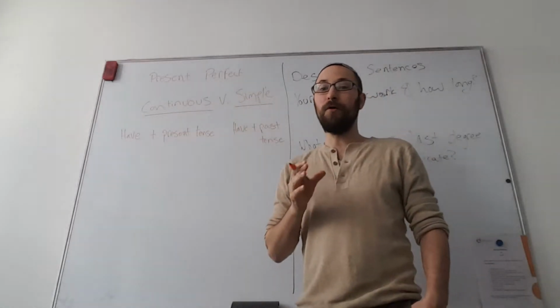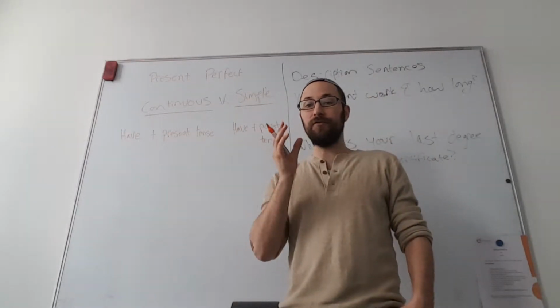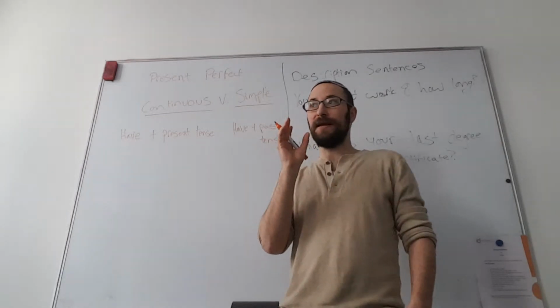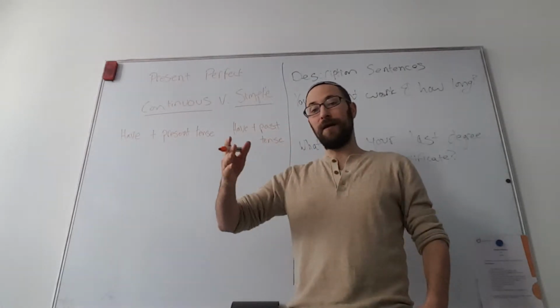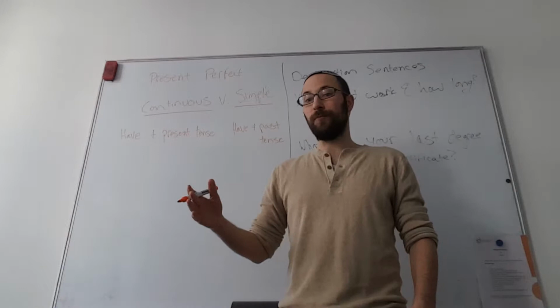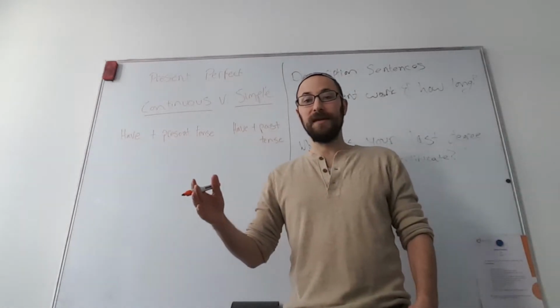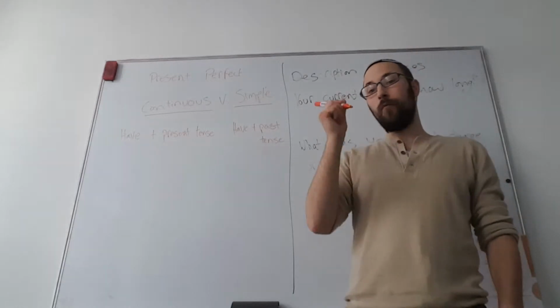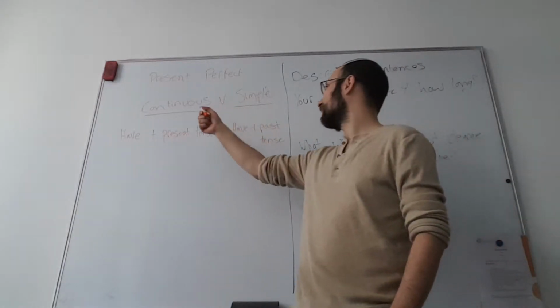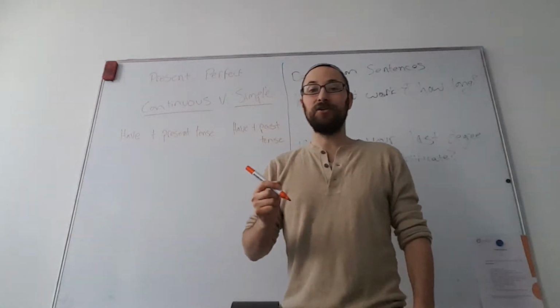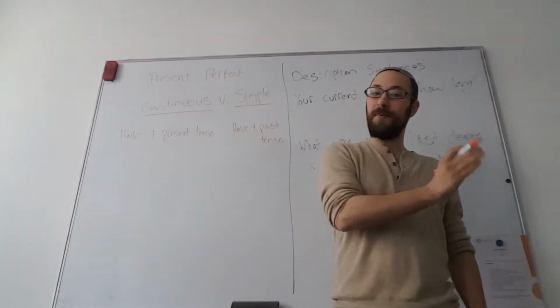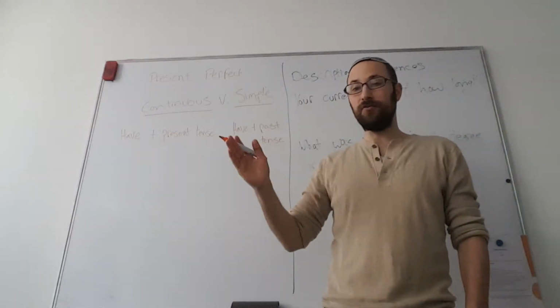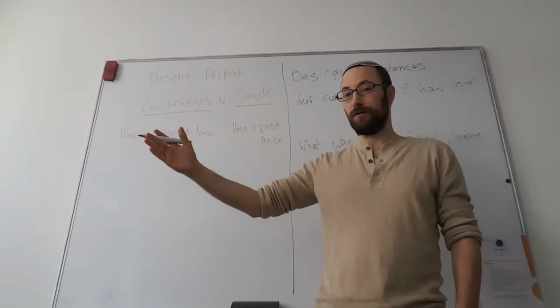Now, both of these have to do with things that have started in the past and have continued up to the present moment. Now, the key between these two tenses is very simply that one, as its name suggests, is an action that has started in the past and is continuing going forward.